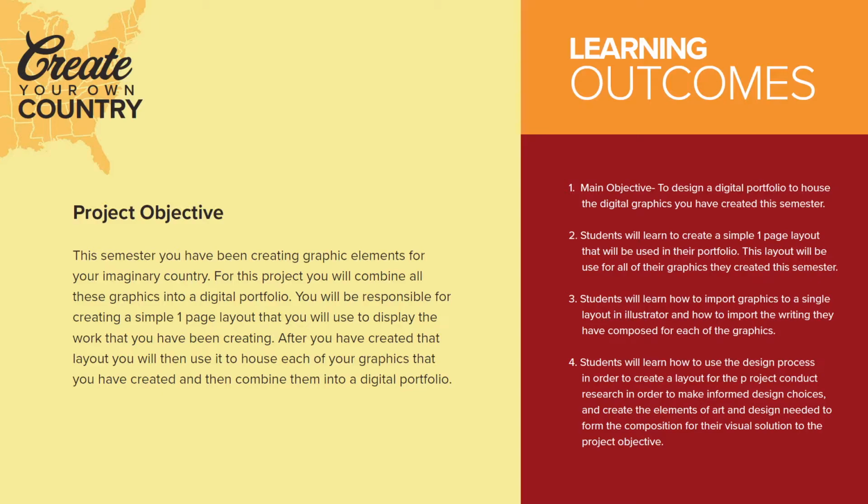Number 3, students will learn how to import graphics into a single layout in Illustrator, and how to import the writings that they have composed for each of those graphics also into Illustrator. And number 4, lastly, students will learn how to use the design process in order to create a layout for the project, and conduct research in order to make informed design choices for their projects.